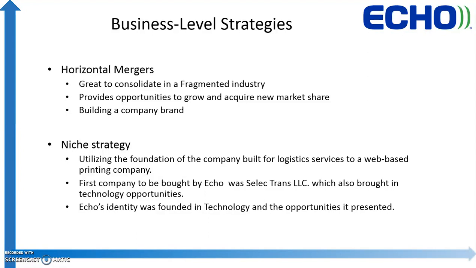So they went from their headquarters in Chicago all the way up to 30 offices across the U.S. And they have people in all areas of the U.S., the Northwest, the Northeast, Southwest, Southeast, South, Midwest, and they're working to build that brand with their company. Additionally, because they've really played heavily on the technology side, they're also known as a technology company with solutions. So it'll be interesting to see how that has played out.